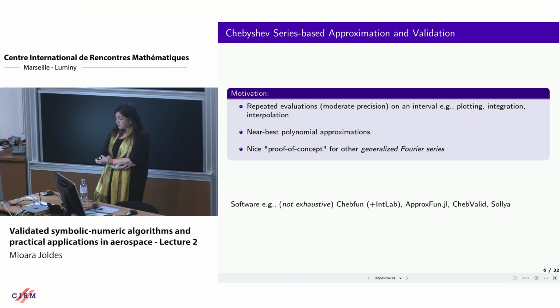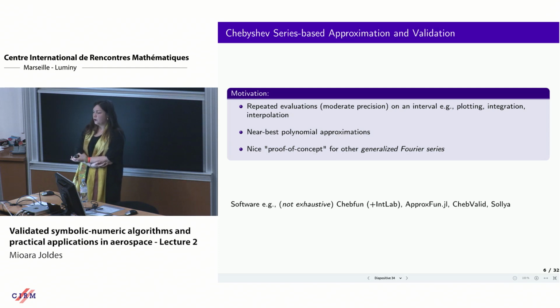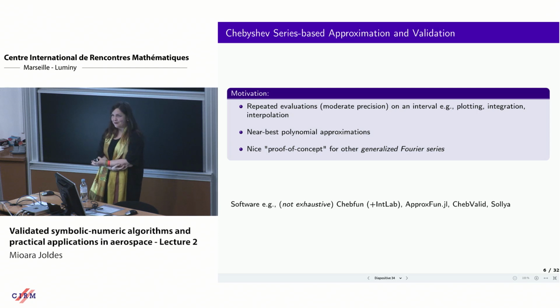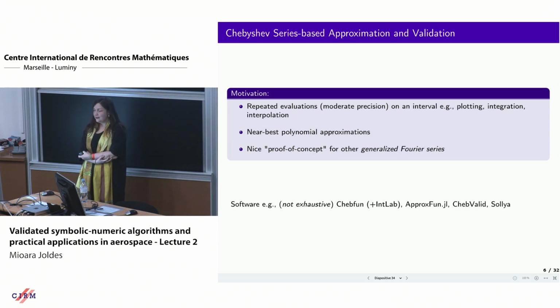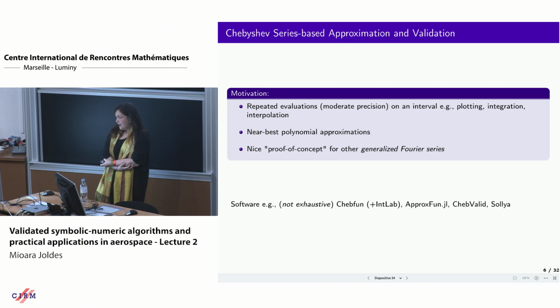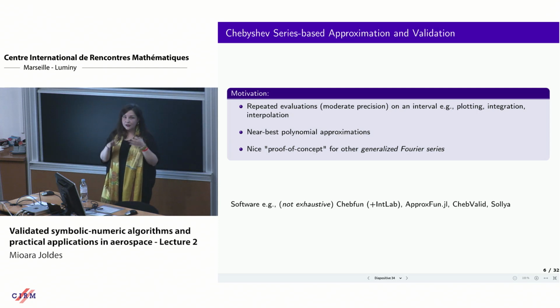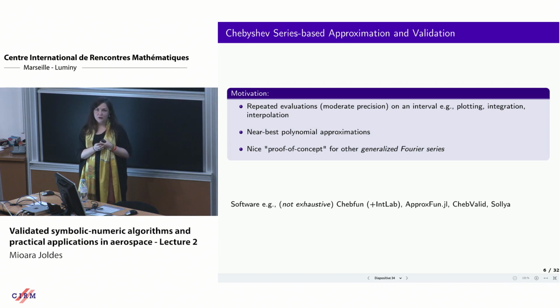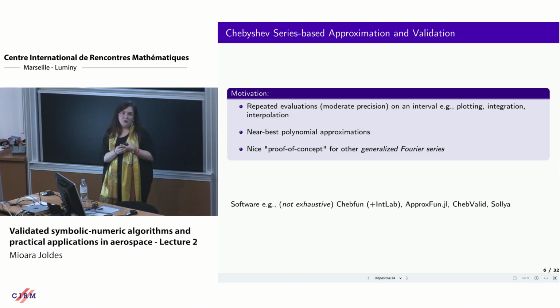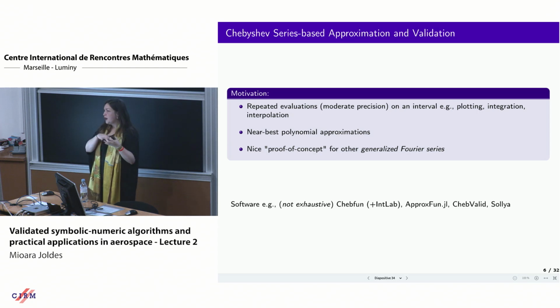If you want, they are also what we call near best approximations with respect to the uniform norm. And so having a machinery that is automated with respect to Chebyshev series could be a proof of concept for other orthogonal polynomials that would correspond to, say, different domains for different ODEs appearing in practice.